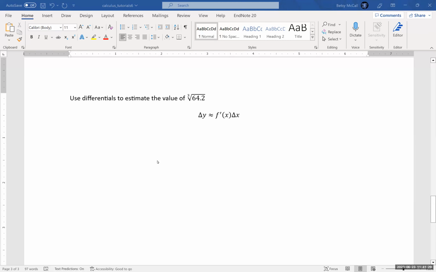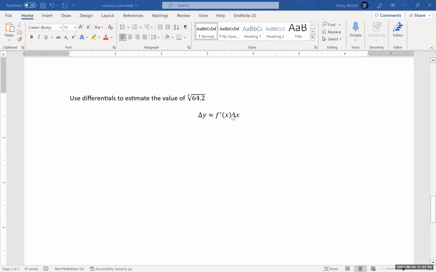So the idea of using a differential is essentially we're going to approximate the change in y with a linear approximation. The linear approximation is based on the slope of the tangent line, so the derivative of the function, and then how far you are moving away from that point. So we're going to need to figure out, what is our f function?